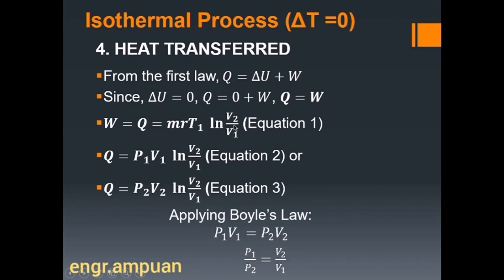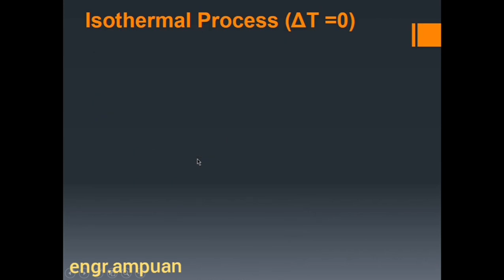If the problem talks about the final and initial conditions of the volumes, you are going to use this equation. But if the givens are the initial and final conditions for pressure, just substitute this one in this part. So that is so easy.